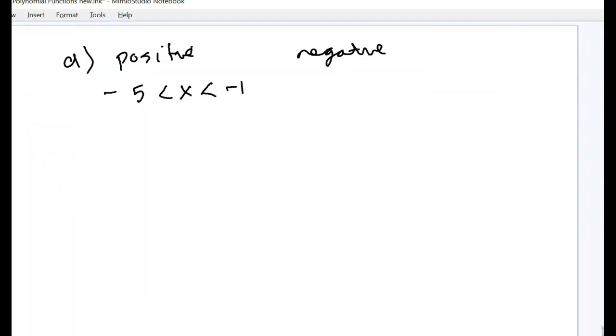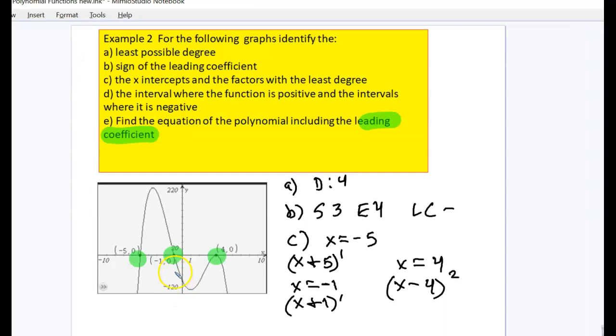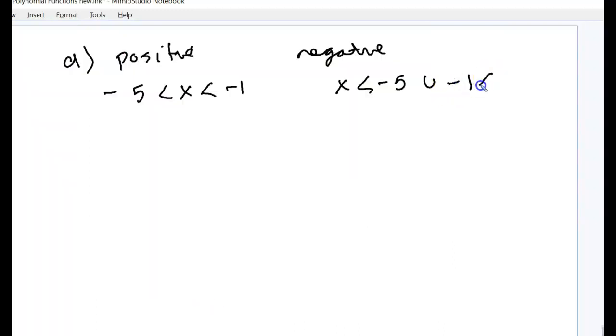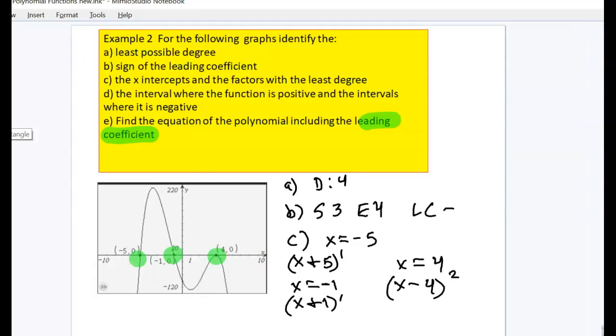Well, when x is less than negative 5, union with negative 1 to 4, union with when x is greater than 4. So notice we excluded 4 here by writing it the way we did, because at 4 it actually equals 0, and we want to know where it's greater than or less than 0.